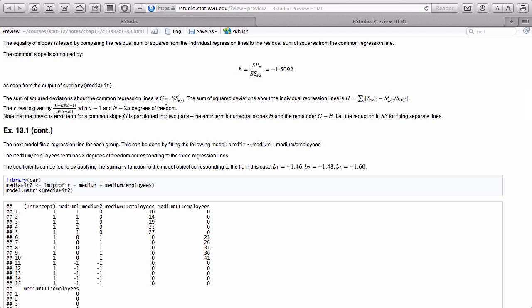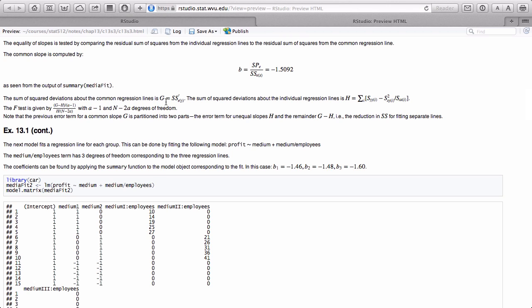So that sum of squares about the common regression line is G. That's sort of taking the residuals about each of the regression lines, subtracting them, squaring them, and adding them up. Now the sum of squares about the individual regression lines is what's called H. Now I show you how to compute it, but again, you're probably not going to do it that way. What I want to do is show you a little bit later on where the G and H are in terms of some of the output that I did using R.